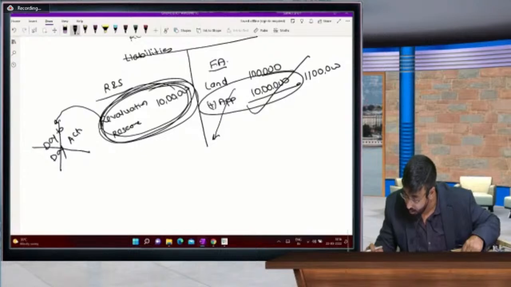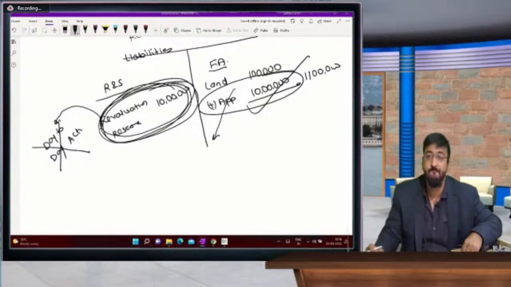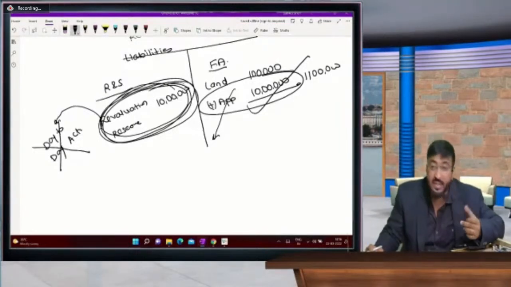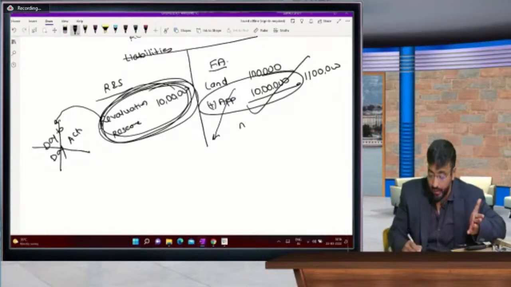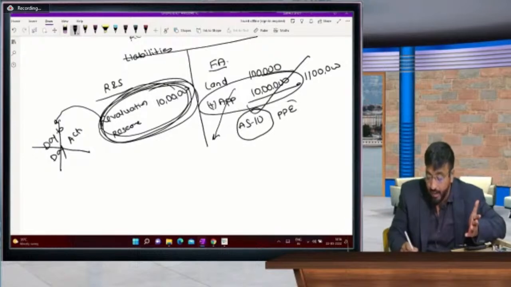Can we call revaluation reserve a kind of gain but not income? Yes, you can. But beta, this appreciation and depreciation other than book value is recorded as per Accounting Standard 10, that is property, plant and equipment.